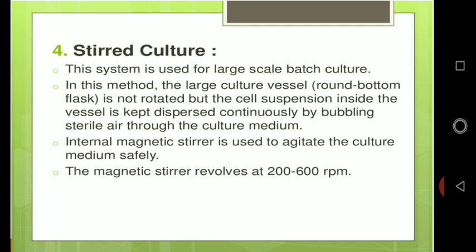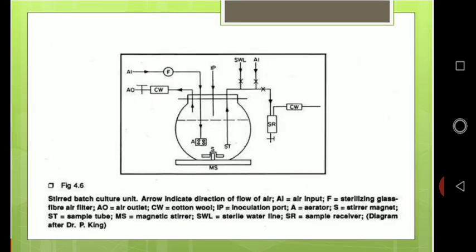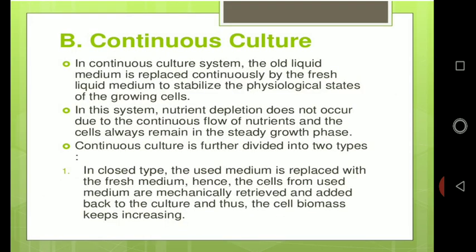But in stirred culture, the bottle is not rotated. We rotate the culture inside that particular medium, either by dispersing air through the medium or agitating using a magnetic stirrer or any other method. The magnetic stirrer generally revolves at 2 to 600 rpm. It is just like a bioreactor, and here is a design for the stirred batch culture.